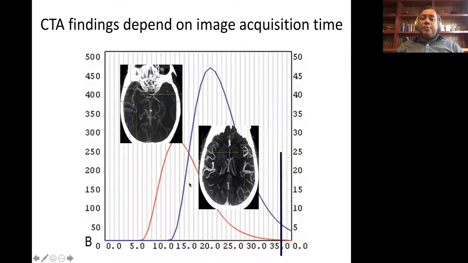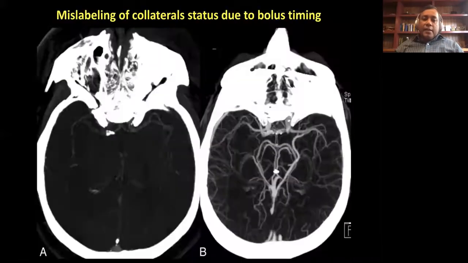Whereas if you acquire later, then you might actually see vessels better. So single phase CTAs are time dependent, bolus time dependent. And so it can therefore have problems.